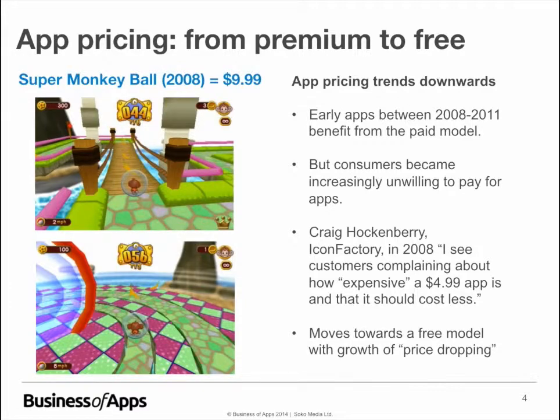And with the rise of the ability to download apps straight over the internet without any particular barrier to entry, people, instead of wanting to pay up front for something and take that risk, became much more willing to download something for free and take a chance on it. And so what happened with paid apps is that this led to the rise of the paid-for-free app marketing industry, in which paid apps, whether games or utilities, started to drop their price in efforts to try and get themselves extra traction.